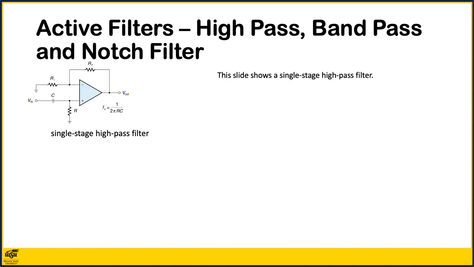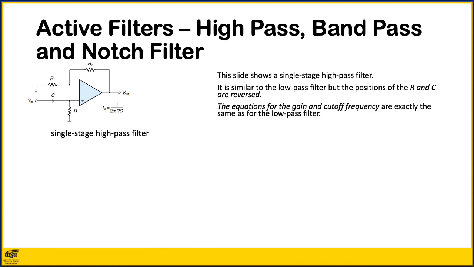This slide shows a single-stage high-pass filter. It is similar to the low-pass filter, but the positions of the resistor and capacitor are reversed. The equations for the gain and cutoff frequency are exactly the same as for the low-pass filter.